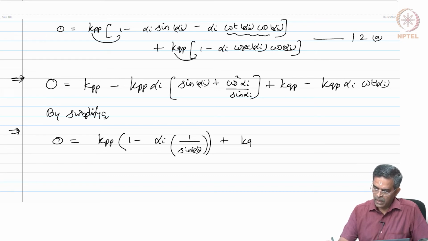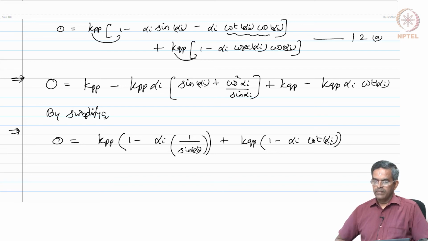Plus KQP times 1 minus alpha I cot alpha I. Can you say that? Okay.